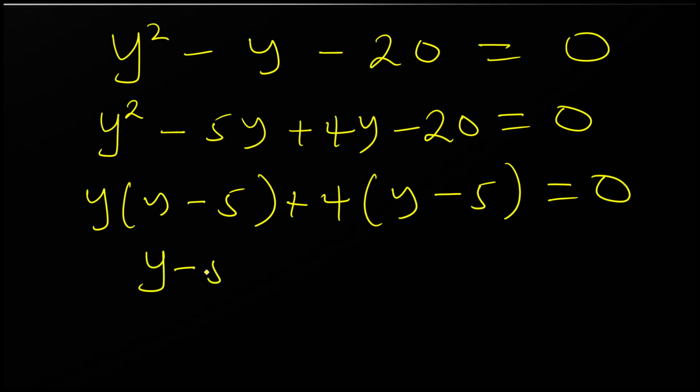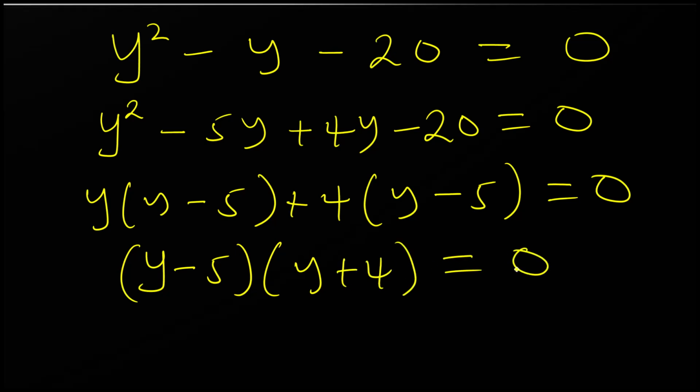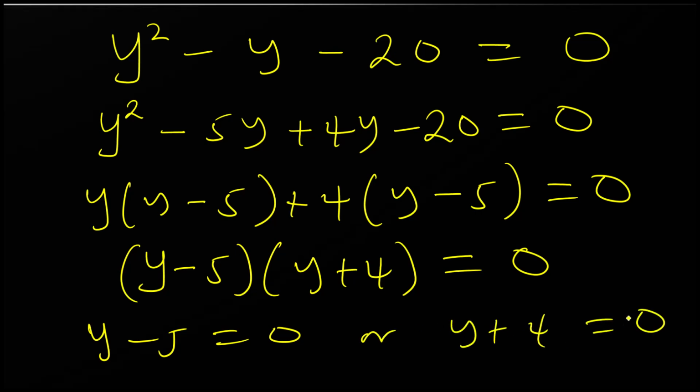So y minus 5, y plus 4 equals to 0. So with a 0 product, y minus 5 equals 0, or y plus 4 equals 0. So this side will be 5 and this side will be minus 4. So we have y equals to 5, then minus 4.